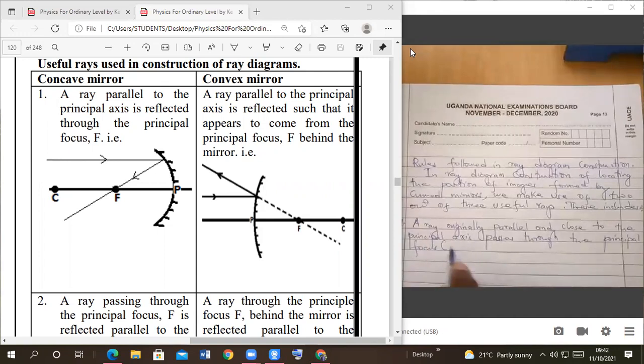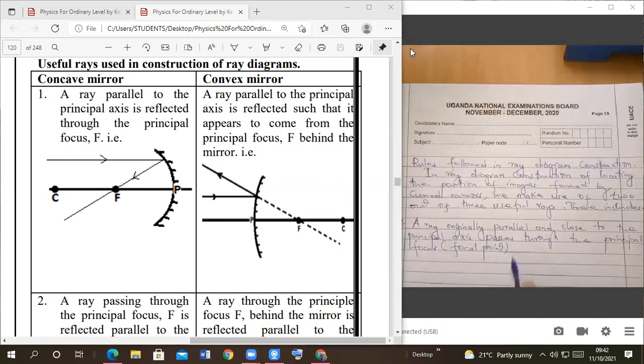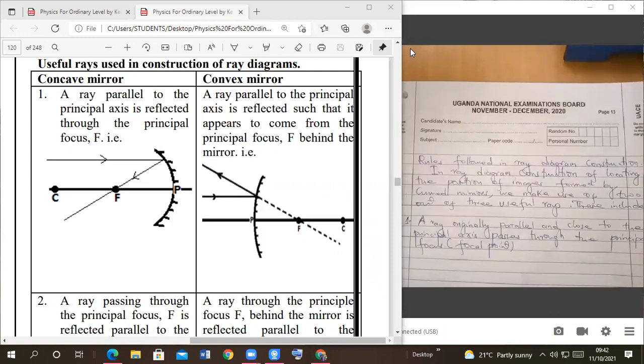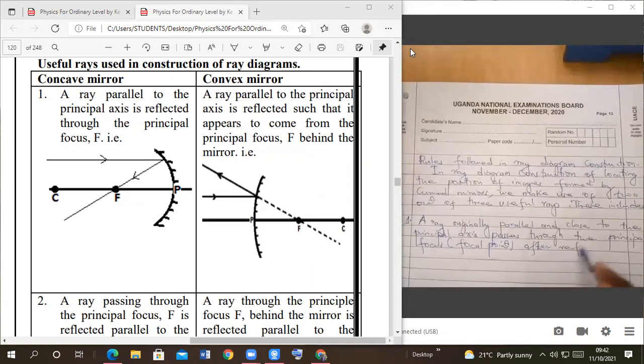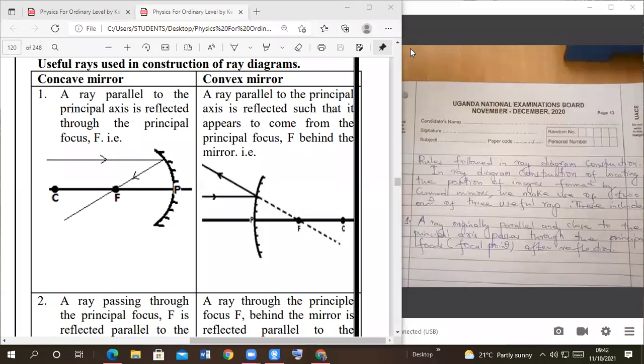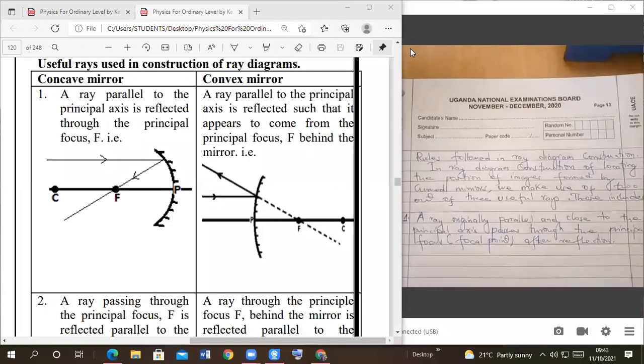We say principal focus is the same as the focal point. So that's the first rule: a ray which is parallel and close to the principal axis.